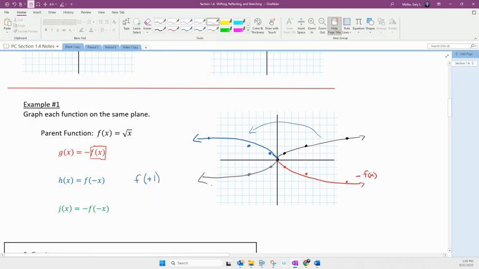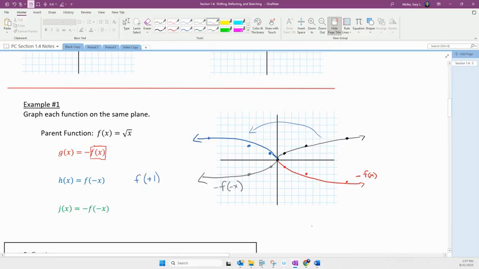That's supposed to be green. Now we get this shape here. Okay, so the negative on the inside flips it one way, the negative on the outside flips it another way. And if you didn't know all of that, a table of values would easily confirm it.